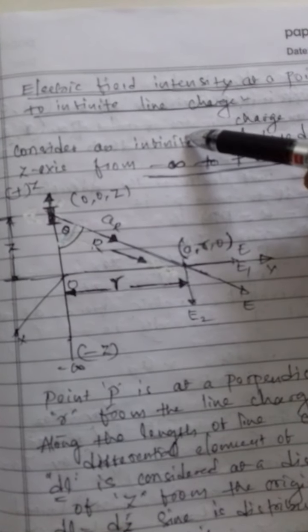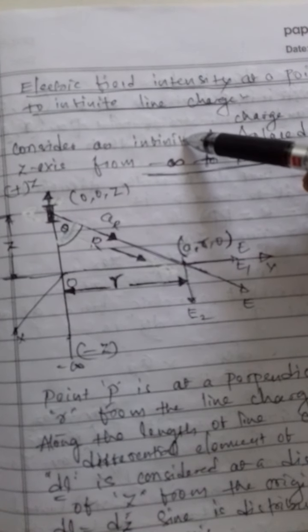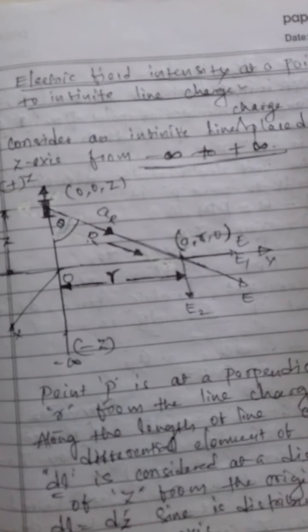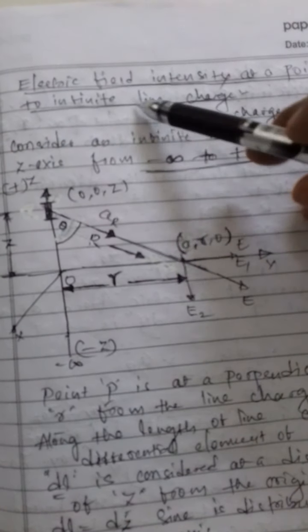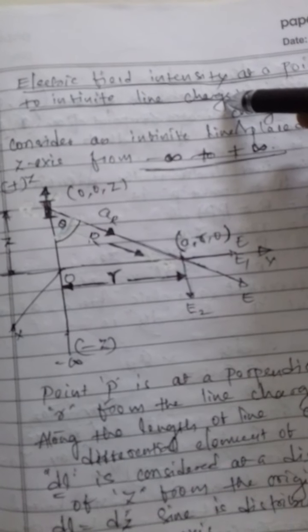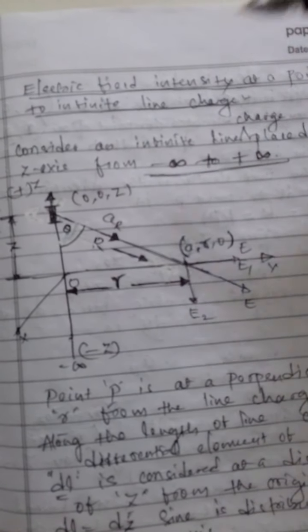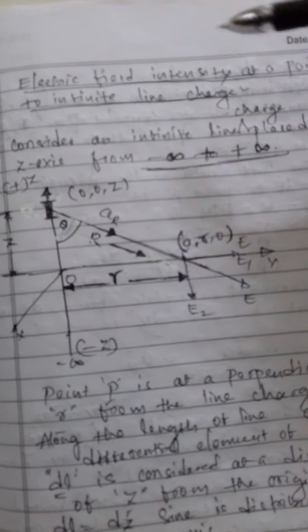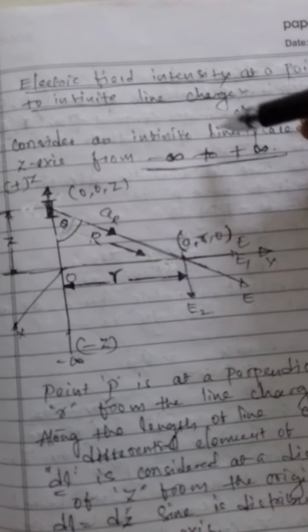If the charges are distributed along a line, that is known as a line charge distribution, and the charge stored per unit length is the line charge density.